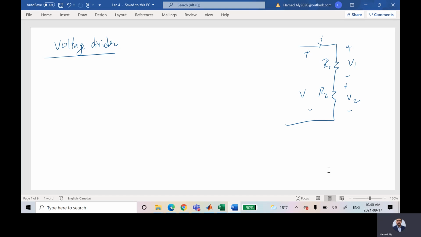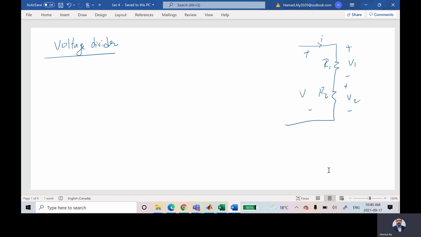Now we will talk about the voltage divider. The voltage divider depends on two branches connected in series, and these branches have resistors. Maybe also 3 branches. I'll show you the equation that I'm going to derive right now.